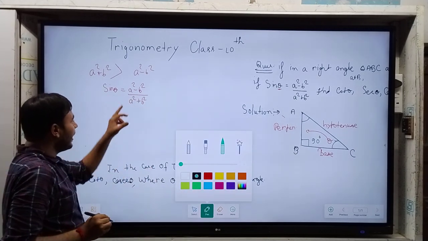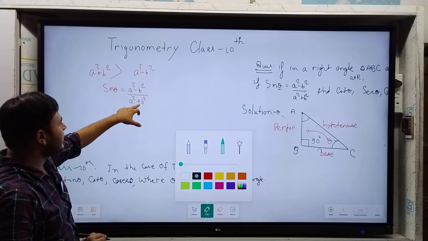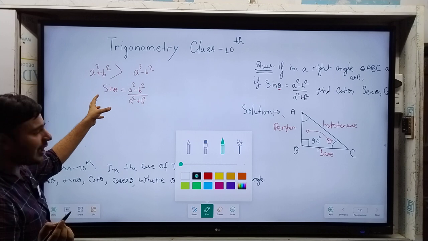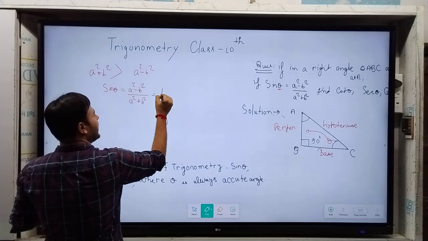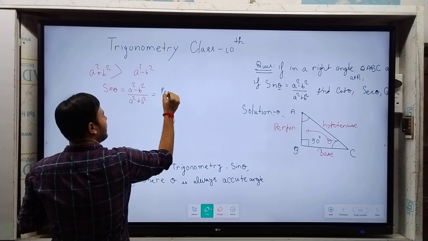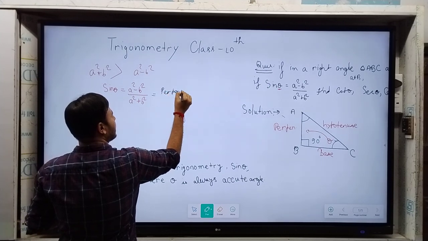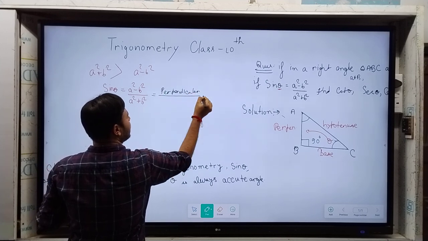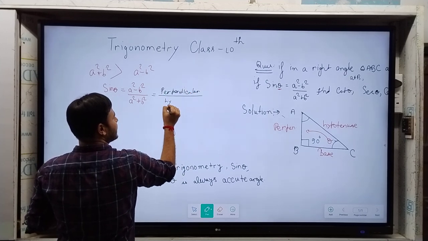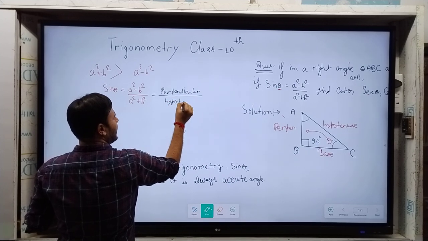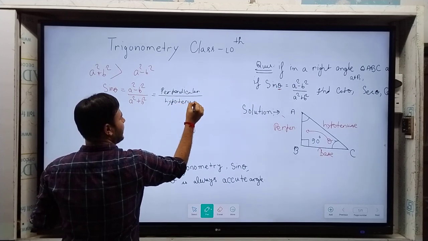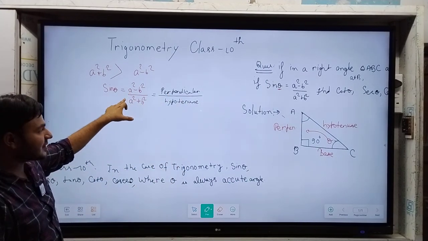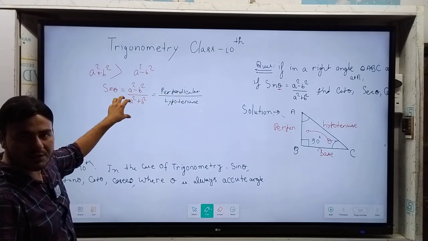You know that in the previous section, the formula of sin theta is what? Perpendicular upon hypotenuse. Now perpendicular will be what? A square minus b square, and hypotenuse what? A square plus b square.